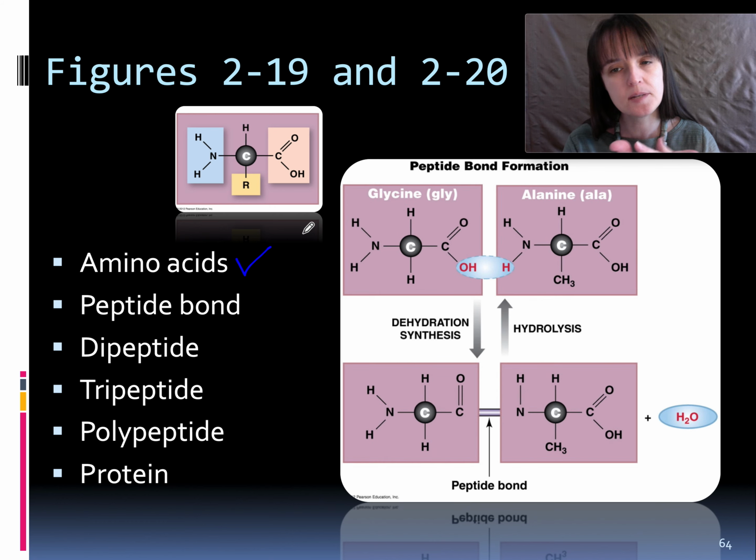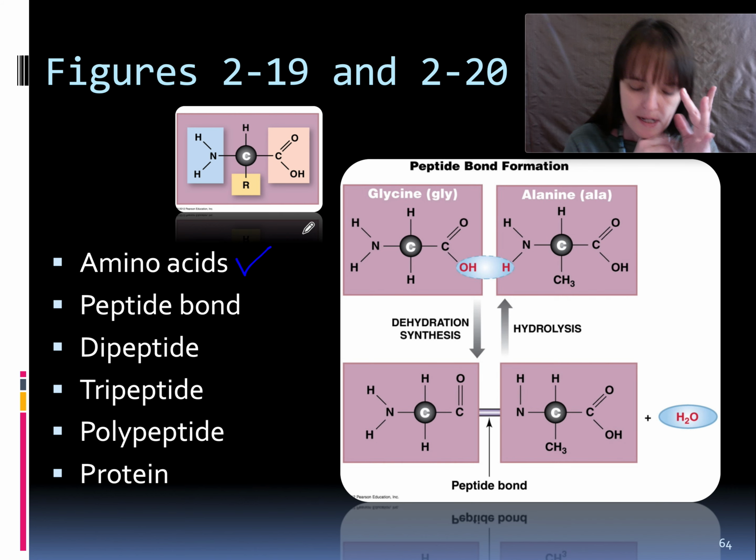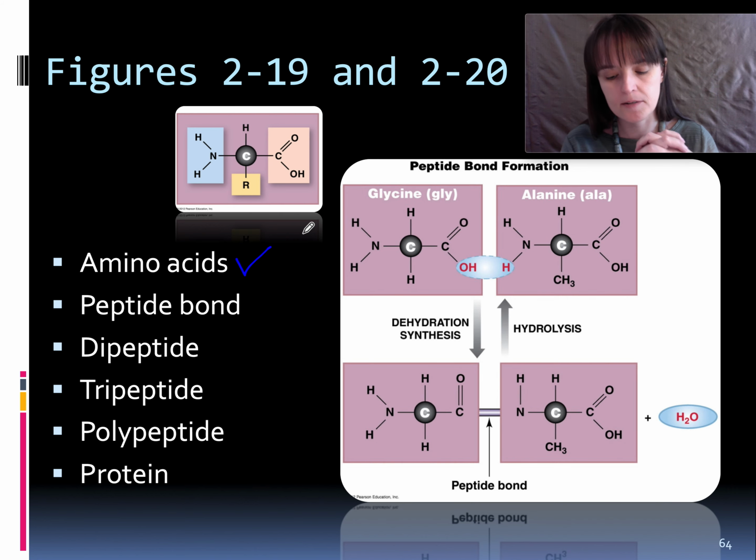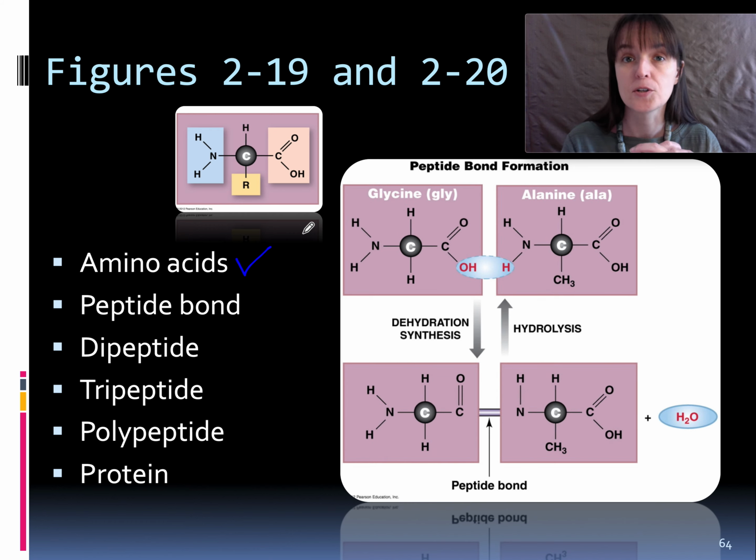The essential amino acids, if you Google it, sometimes you get 9, sometimes you get 11. But roughly half of them are essential. An essential amino acid is an amino acid that you cannot make on your own. Many of the amino acids you can synthesize in your body.